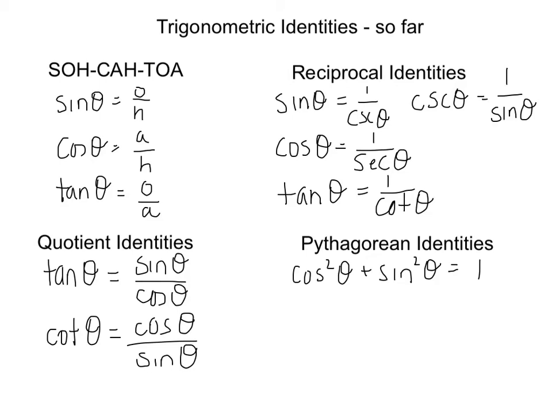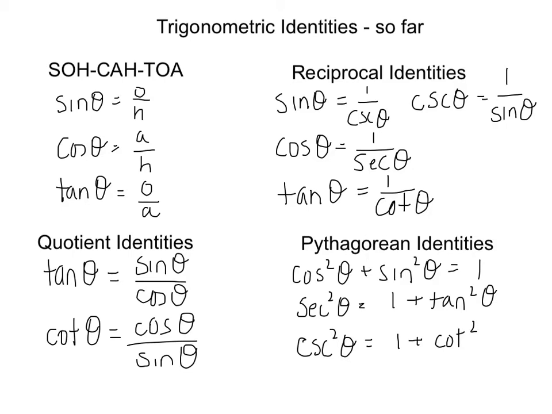They start out with secant squared theta is equal to 1 plus tangent squared theta. And then cosecant squared theta is equal to 1 plus cotangent squared theta.